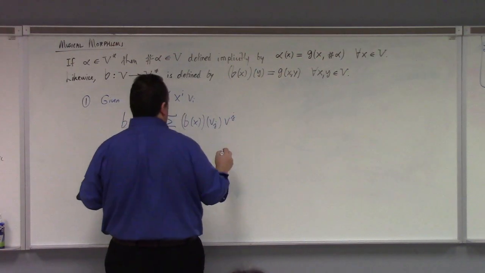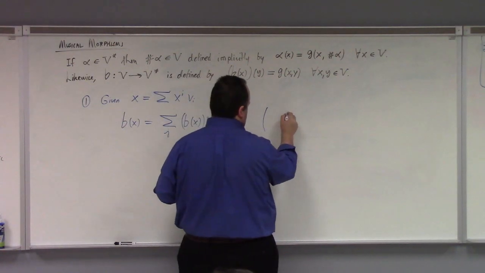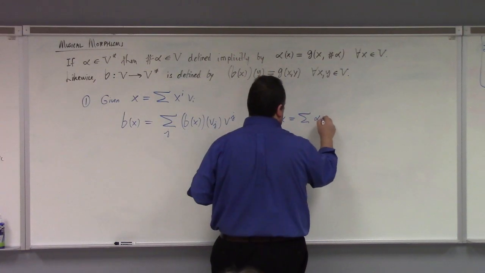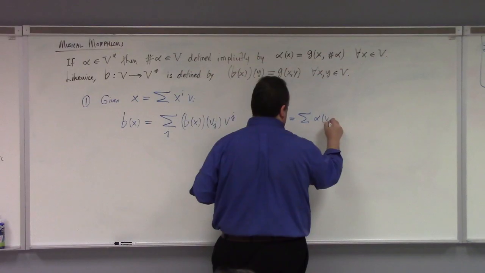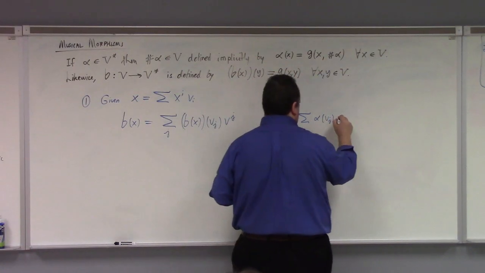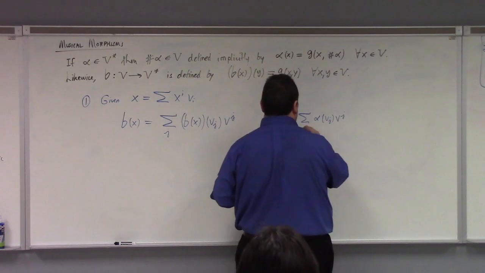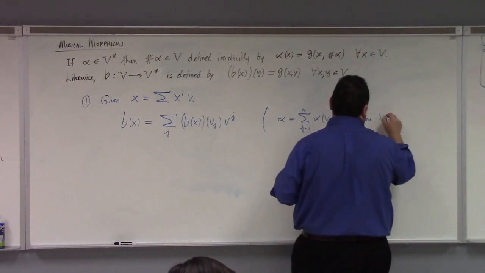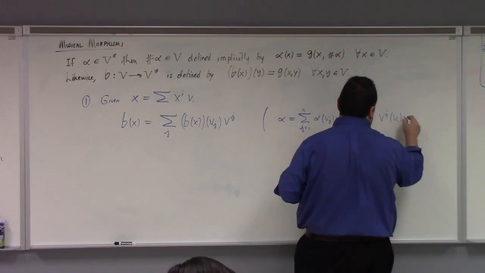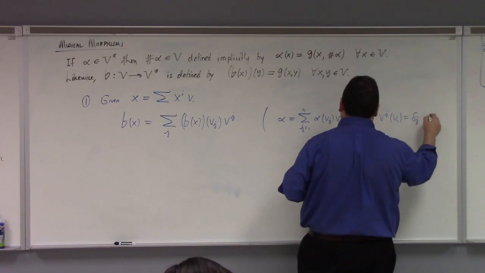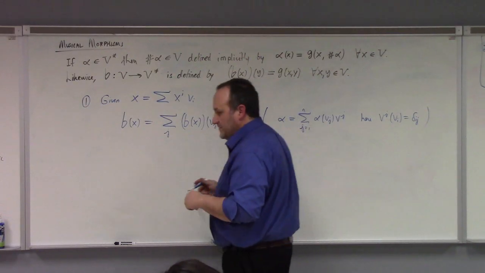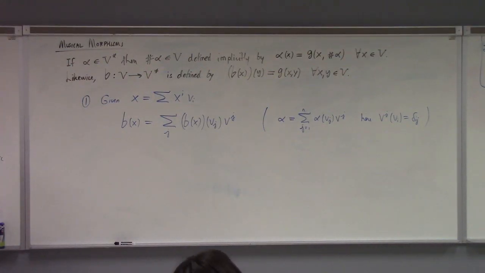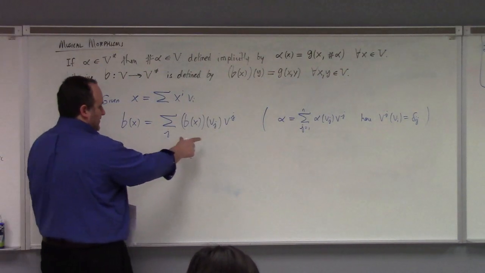This is what I'm doing. I'm referring back to a discussion we had before. Any dual vector can be written as the sum of that dual vector acting on the basis times the dual basis, right? Here, v^j acting on v_i was Kronecker delta ij, right? Remember we talked about the dual basis before. I'm using that again. But, okay, what is this though?